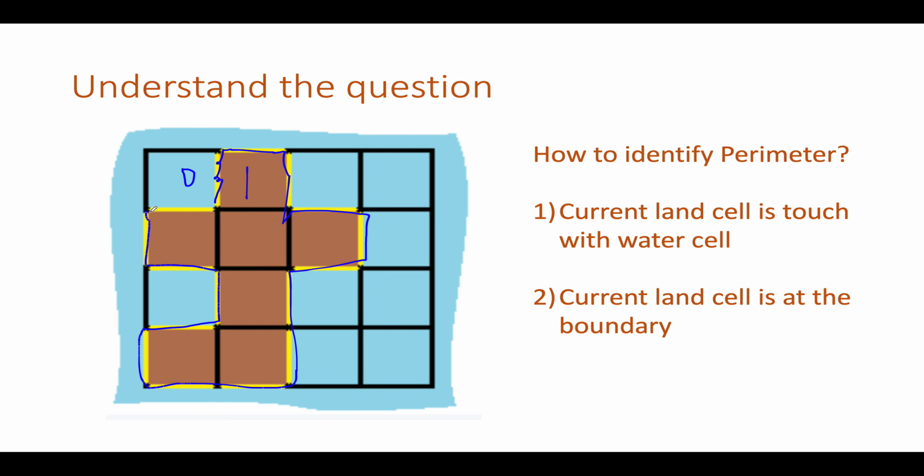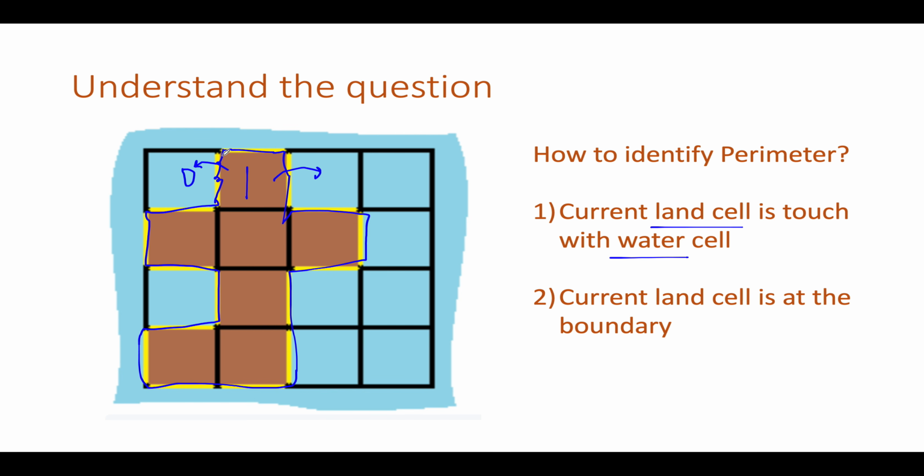If you go and count what I have highlighted in blue, its count is 16, and the crux of the problem lies in how do you identify the perimeter of the island. There are two attributes to it. If the current land cell is in touch with the water cell, for example, this is my land cell and it's in touch with the water cell on its left, it's in touch with the water cell on its right.